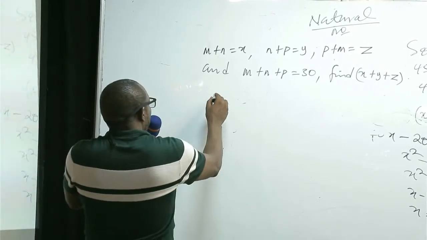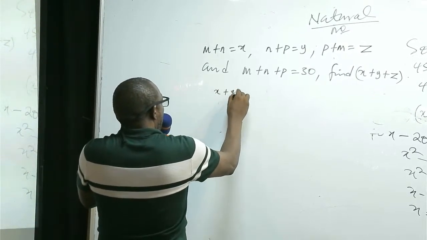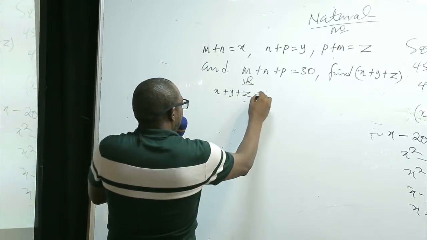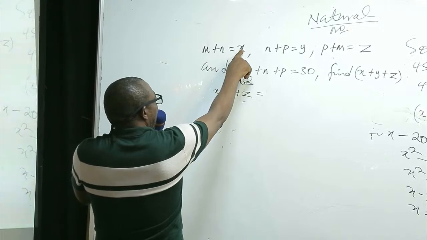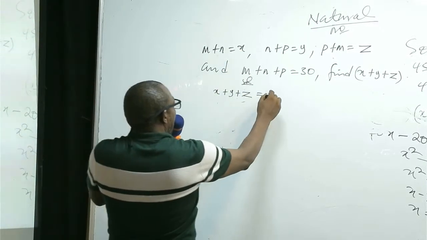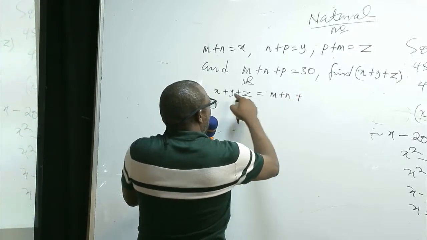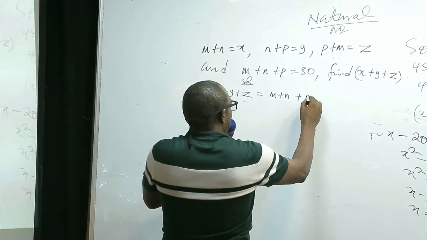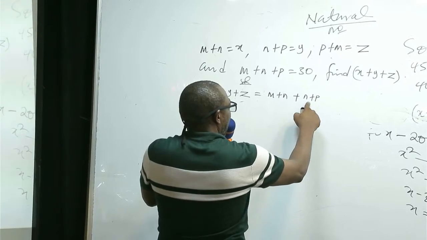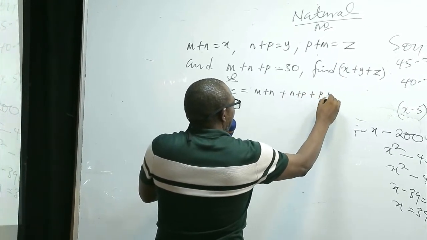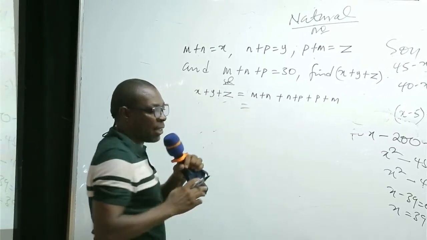Are you with me? Look at x plus y plus z. Now who is x here? m plus n. Now who is y? n plus p. Now who is z? p plus m. Did you see that?